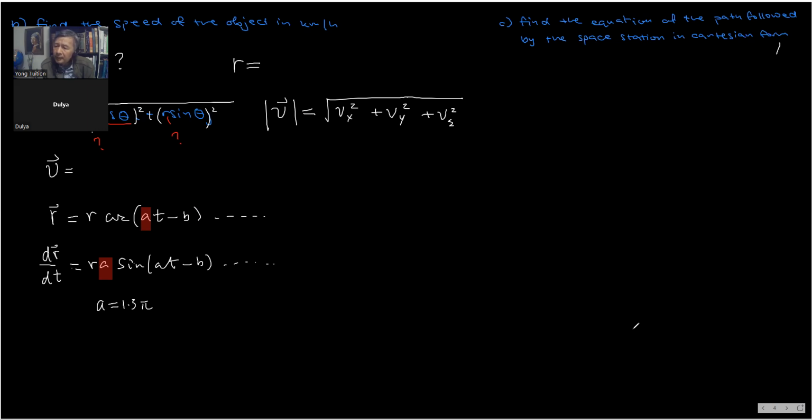Space station. Cartesian. So you need to find the path equation. The path equation is time dependent, right? In the Cartesian, you have to write it using X and Y. Is this two-dimensional? Yes, it's two-dimensional. It's a circular motion.